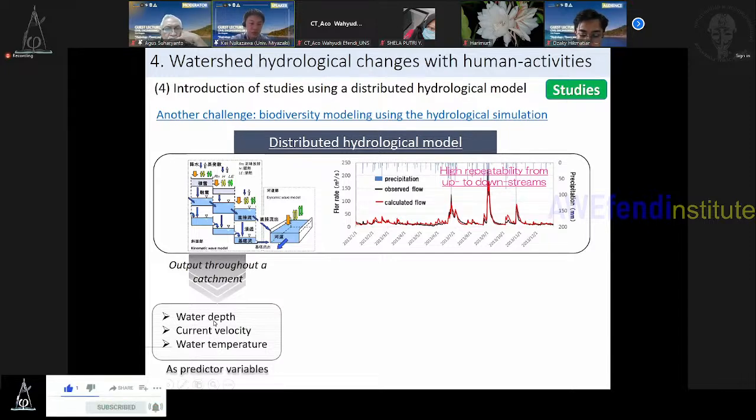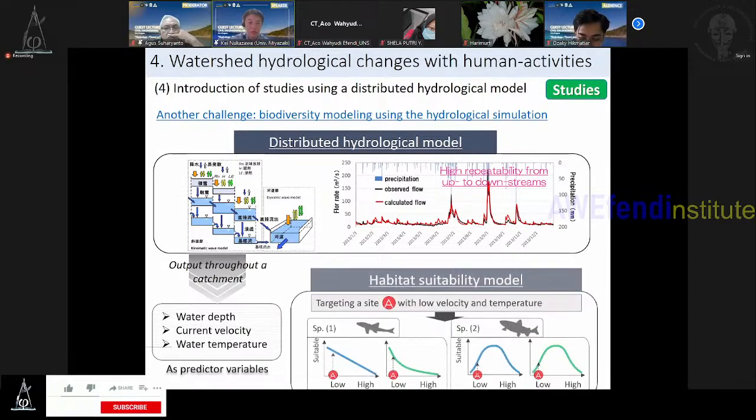For example, water depth is very important for riverbed animals because if depth is high, the sunlight doesn't reach the riverbed. That means the attached algae, or periphyton, doesn't grow well. So the hydraulics are very important for habitat condition.